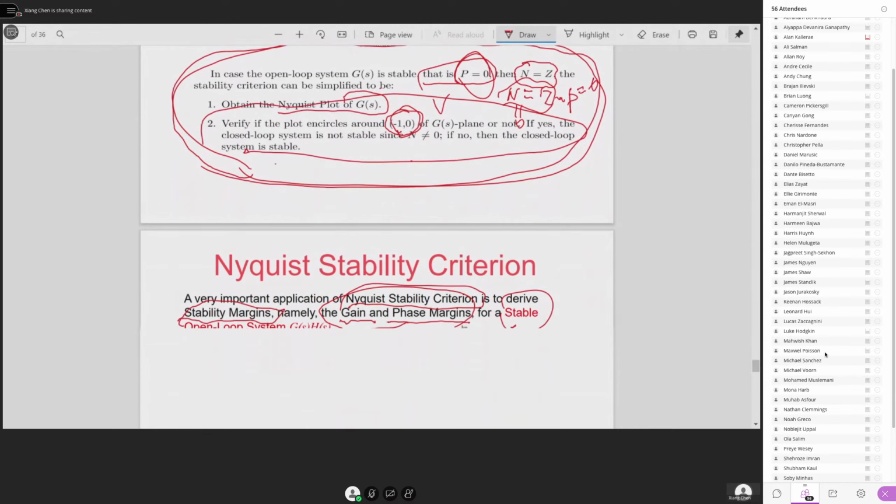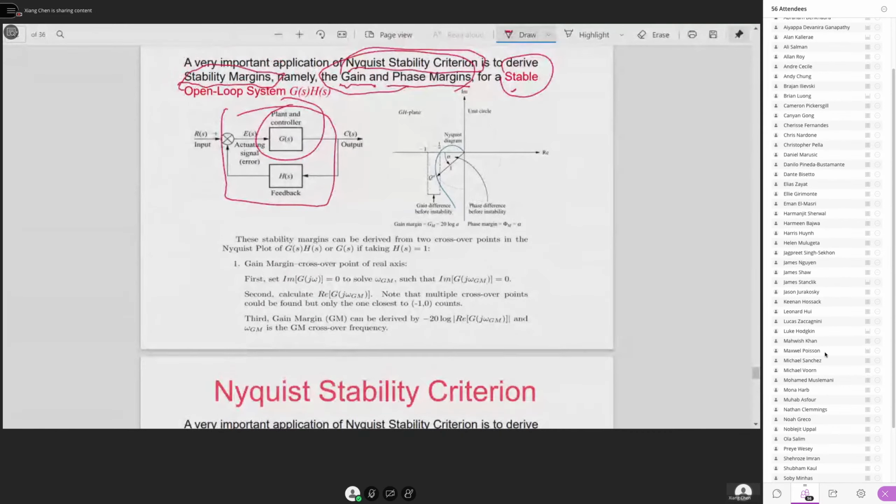How to do that? This is the case in this picture. This blue line is what we call the Nyquist plot of G(s). The -1 point is here. Assume that you already drew the Nyquist plot like that.